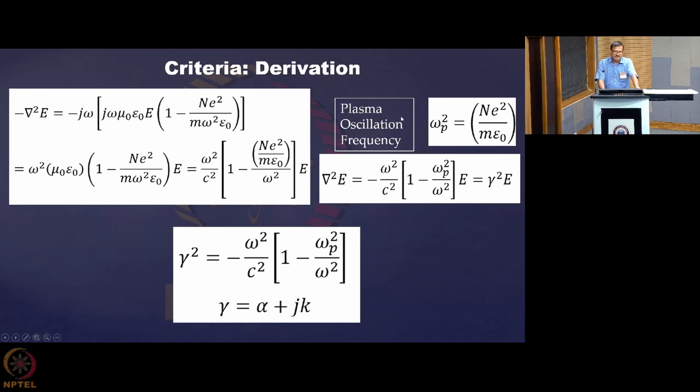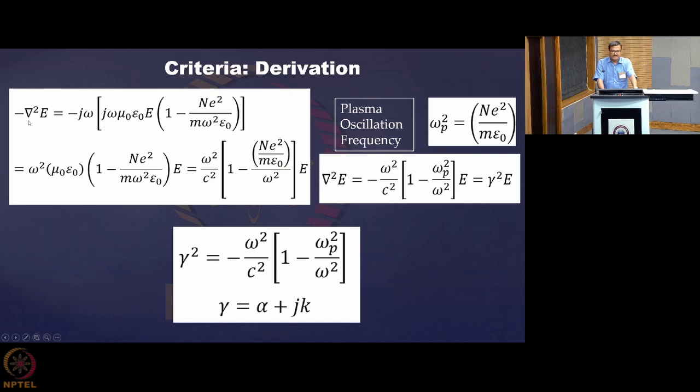The plasma oscillation frequency, as we are telling, will be omega p square is equal to n square by m epsilon 0. So we just get it over here, and then what we get is omega square by c square into 1 minus omega p square by omega square.